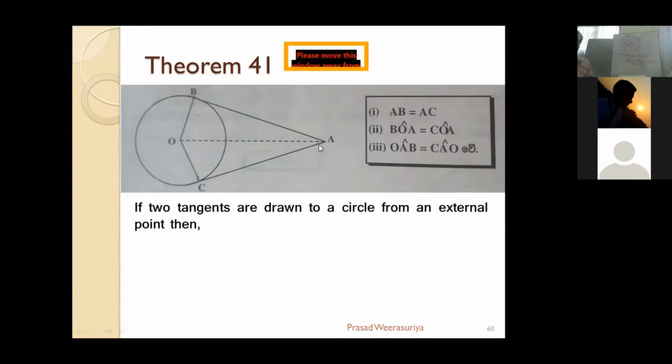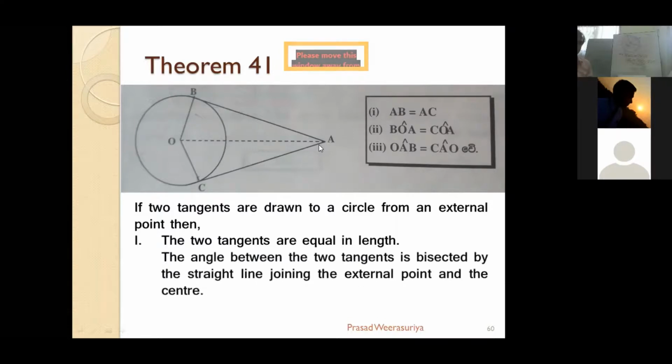So shall we write down this theorem? If two tangents are drawn to a circle from an external point, then the two tangents are equal in length. The angle between the two tangents is bisected by the straight line joining the external point and center, and the tangents subtend equal angles at the center.